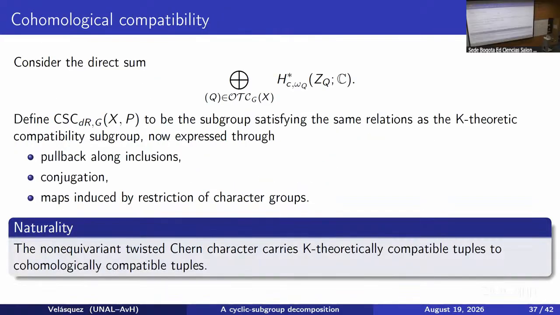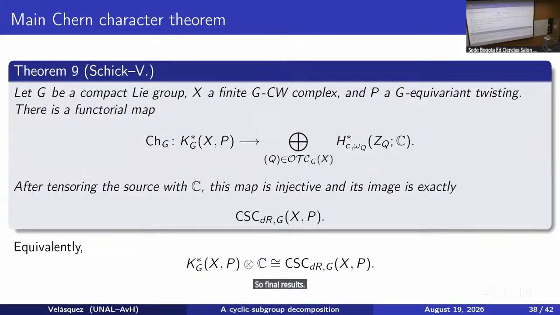Let me show you our final result. Okay, that is our final result. Consider a compact Lie group G, and X a finite G-CW complex, think of it like a manifold with a smooth action. Here, a G-equivariant twisting. Then there is a functorial map from the G-equivariant twisted K-theory to this finite direct sum. What is this?